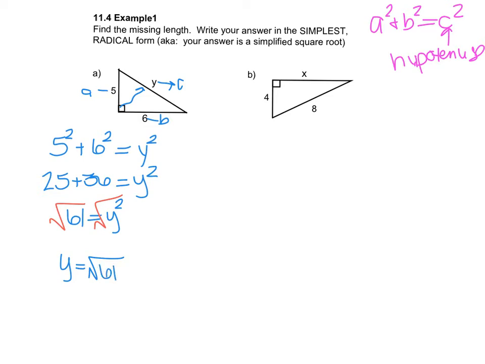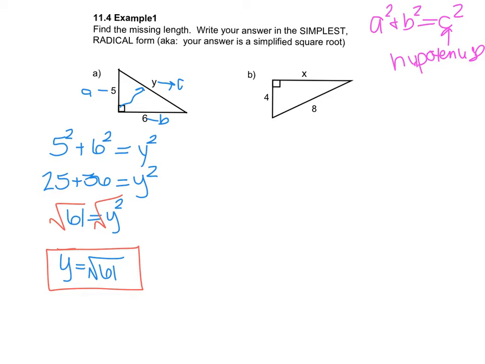And if I think before, when I was simplifying square roots, if I think about 61 and I try and divide 61 by all of the perfect squares that are less than 61, I find that 61 is actually in simplest form. So my value for y is the square root of 61. Now some of you might be asking why I left it in square root form rather than in decimal form, where I would basically find the decimal number.